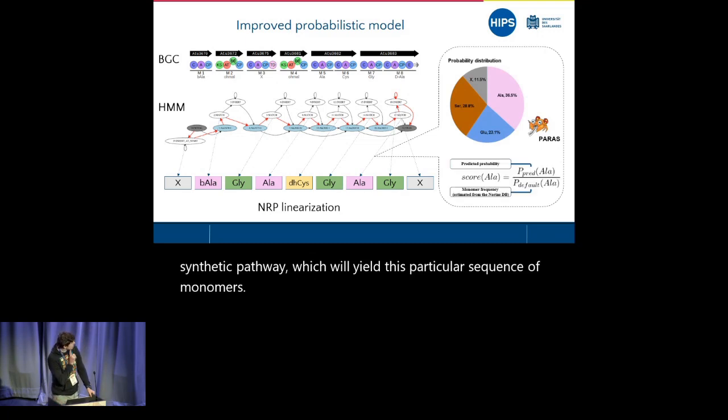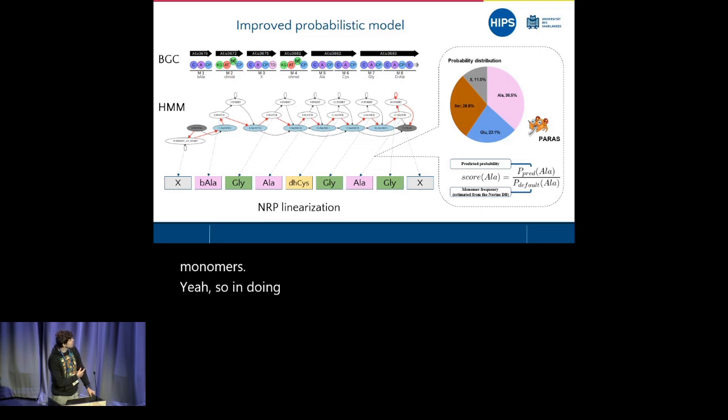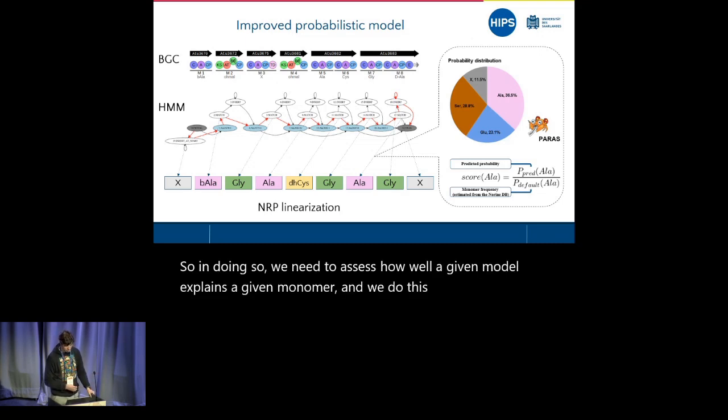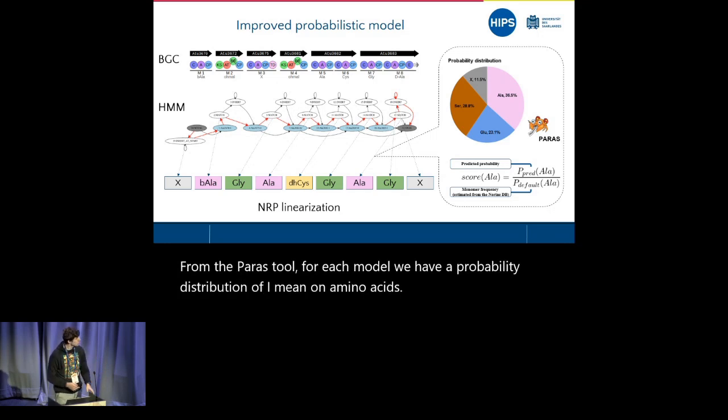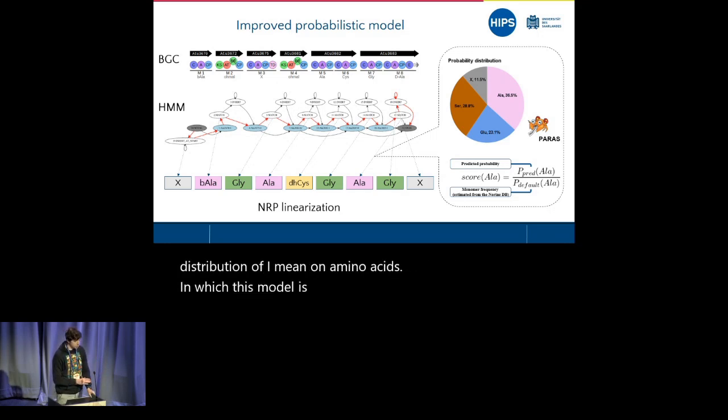In doing so, we need to assess how well a given module explains a given monomer, and we do this with a log-odds score. From the PARAS tool, for each module, we have a probability distribution over amino acids which this module is likely to insert.